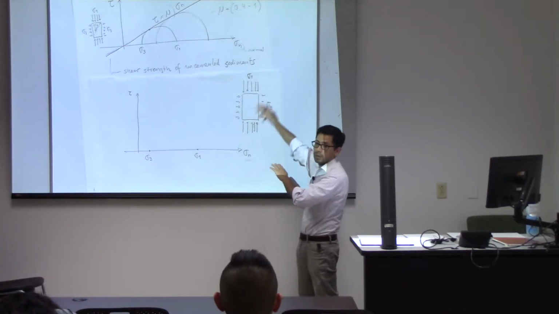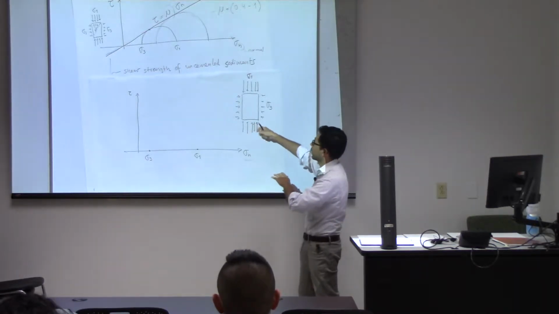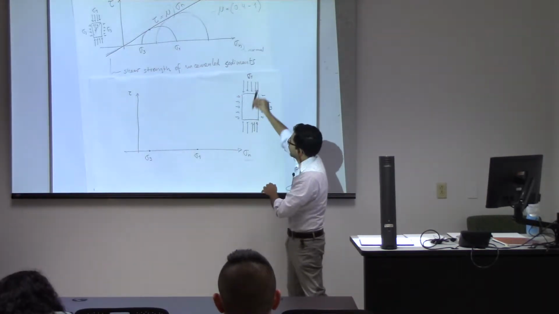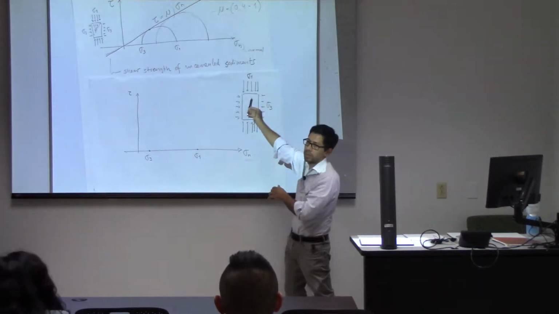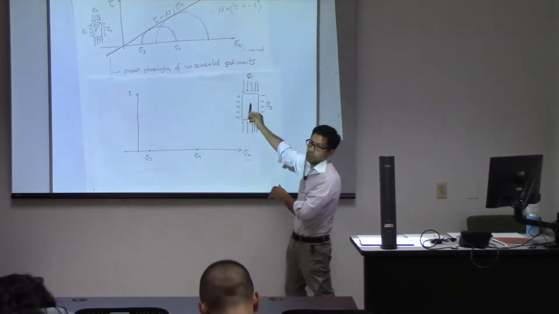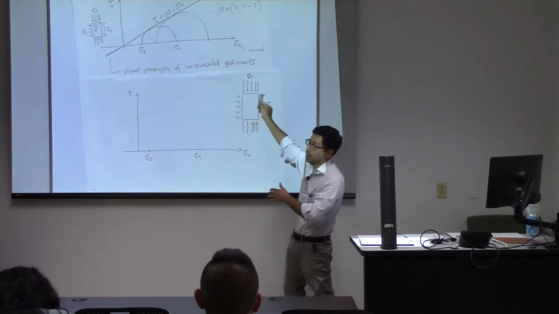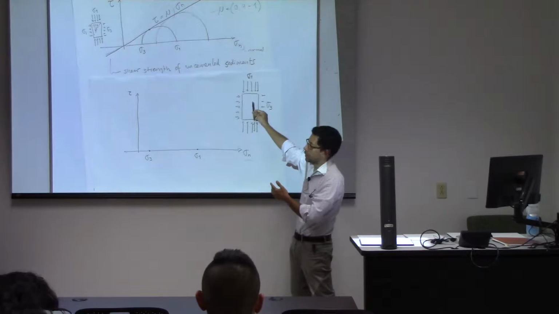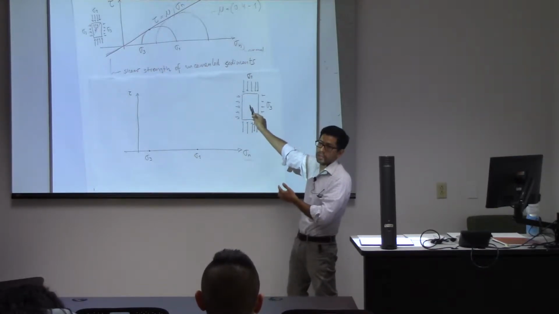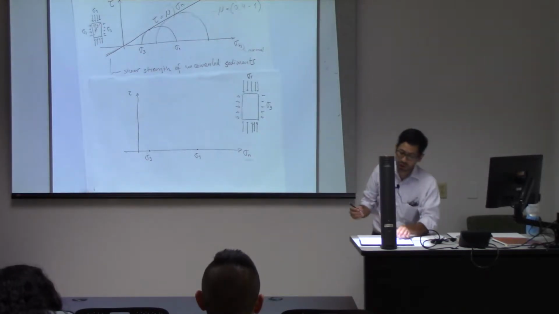It just depends in which direction you're looking at. Now we're looking at this with this coordinate system, which is aligned with the principal stresses. But if you were to look at this in another coordinate system or in another direction, you will have a normal stress and a shear stress. And that's exactly what the Mohr circle is.